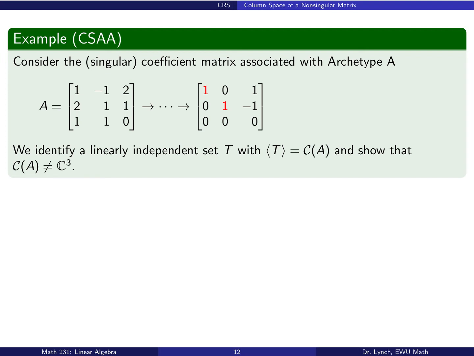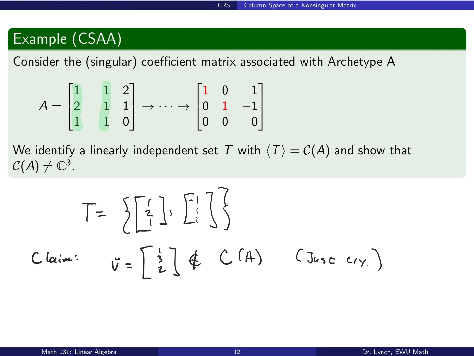We can apply theorem BCS to this matrix. If we do that, we would keep the first and second columns of the matrix A as the set T, which is linearly independent and has span equal to the column space.